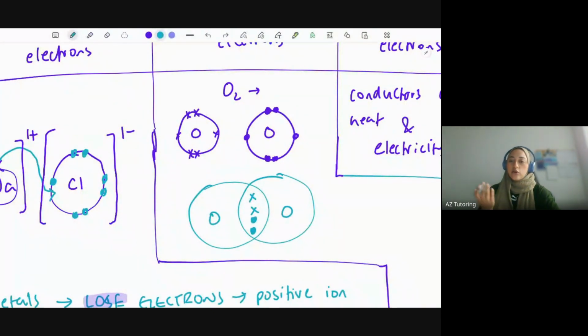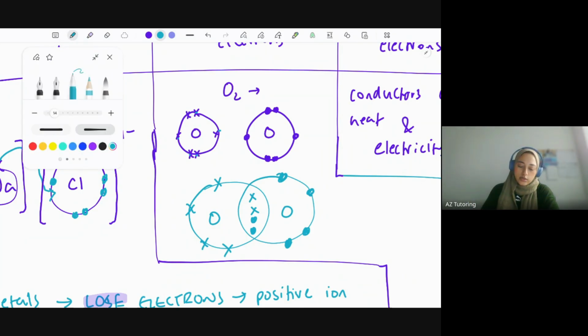Now just fill in all the remaining ones. I've drawn 2 X's, but I need 6 X's altogether, so I need 4 more. Same with the dots. I've drawn 2 in the middle, I need 4 more. And then just double check, have both shells got 8?